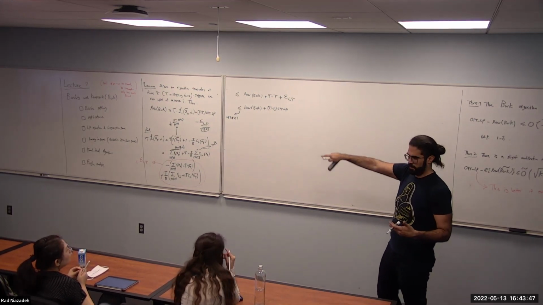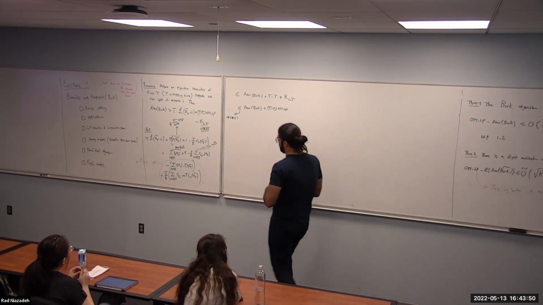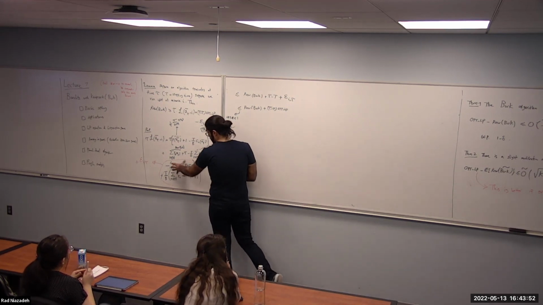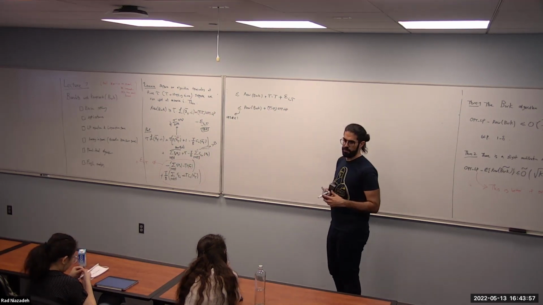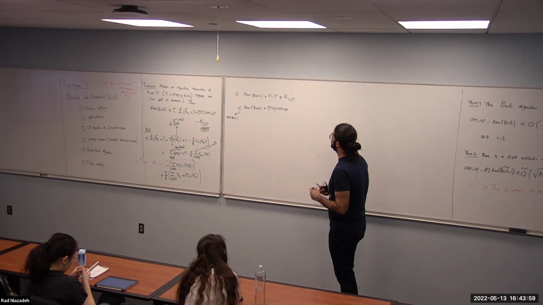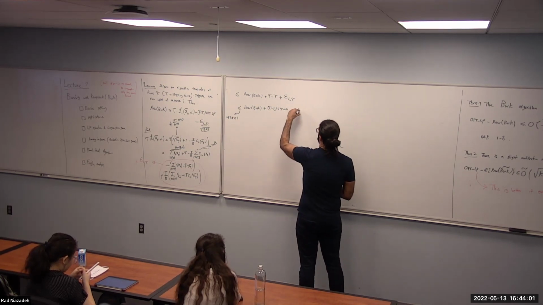The way to handle that is defining these kinds of differences and then trying to use a concentration bound to say that the sum of these differences is small. That's like tau.